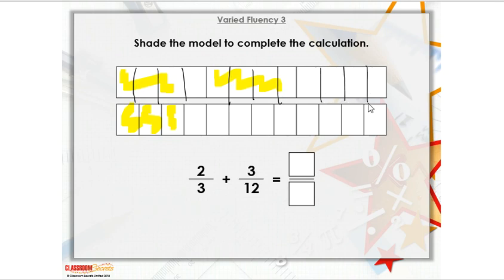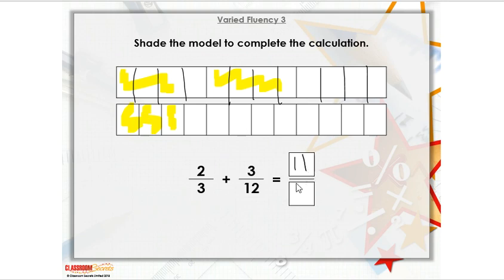Let's have a look at this. I've now got 1, 2, 3, 4, 5, 6, 7, 8. So I've got 8/12ths on the top, plus 1, 2, 3 on the bottom. 8, 9, 10, 11.